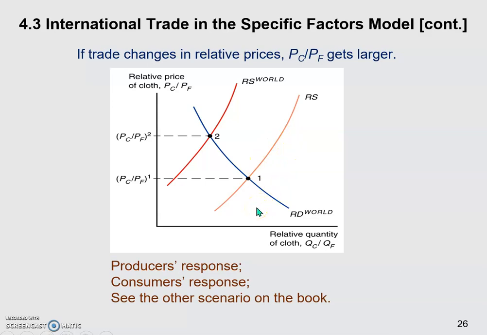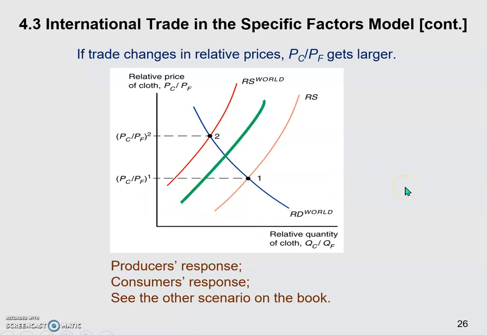I would strongly recommend you try this on your own: if RS world stays below the RS domestic, then what is going to happen when the domestic economy trades with the rest of the world? How would producers and consumers respond to the change in relative price, and how would the relative price change?